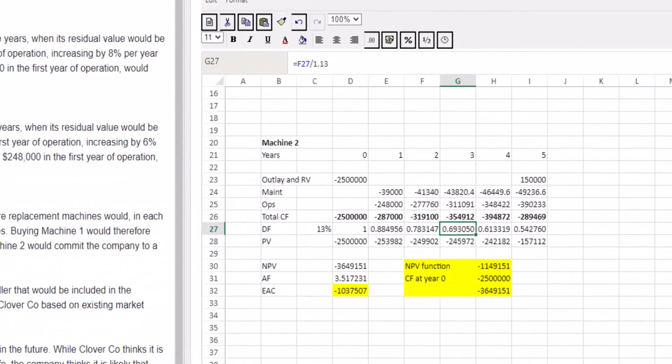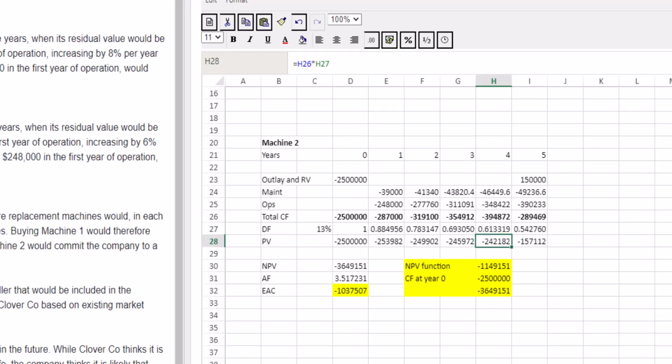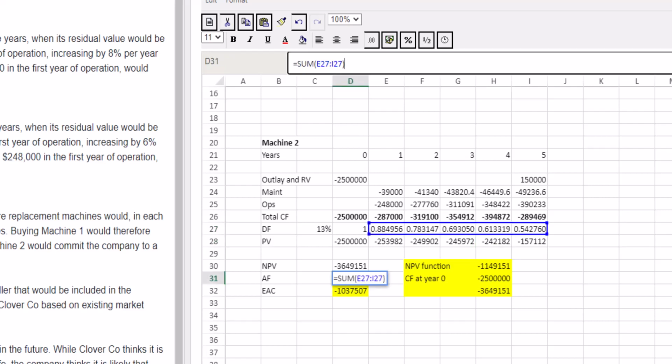The discount factors can just be extended by using the same formula as before. And then the annuity factor needs to be for 5 years, so years 1 to 5. Now, a common error was to include that 1 in the annuity factor. That was incorrect. The annuity factor always starts at time 1.